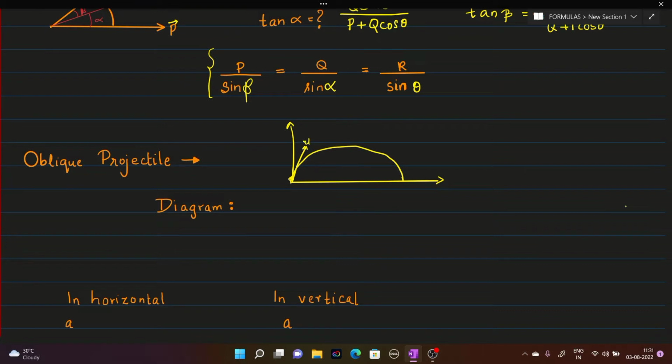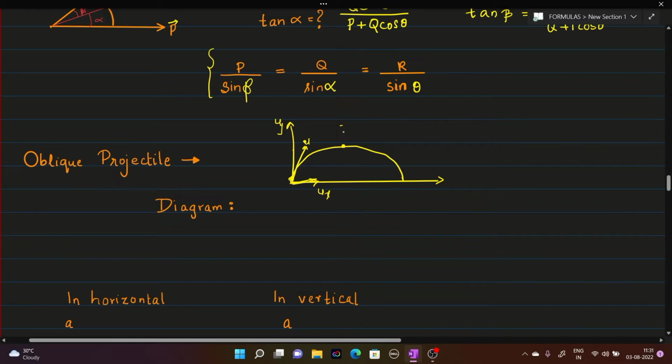The velocity which it gains initially in x direction, we consider as ux, and that in y direction we consider as uy. After that, when it reaches the point where its height is maximum, the velocity in y direction becomes 0. At this point only velocity in x direction is present.